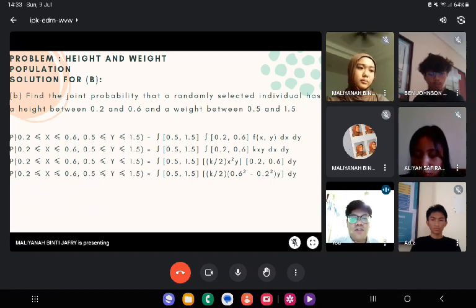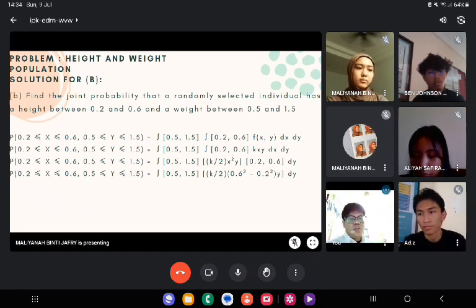After we substitute, we will get k over 2 times 0.6 to the power of 2 minus 0.2 to the power of 2, times y, the limits of y. Next slide.